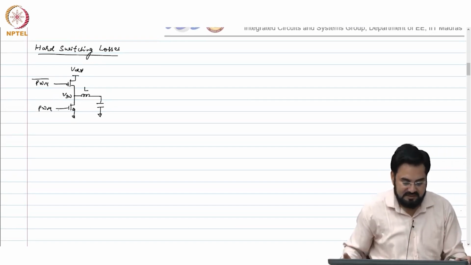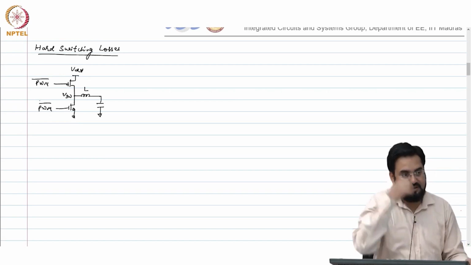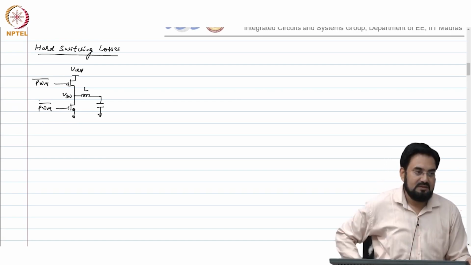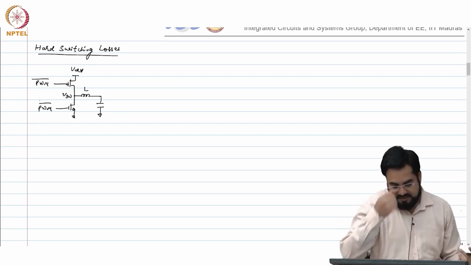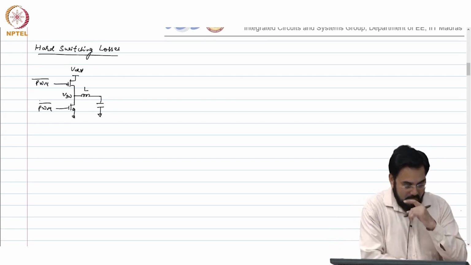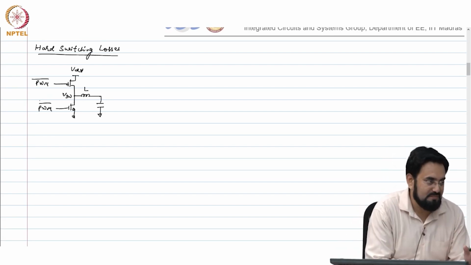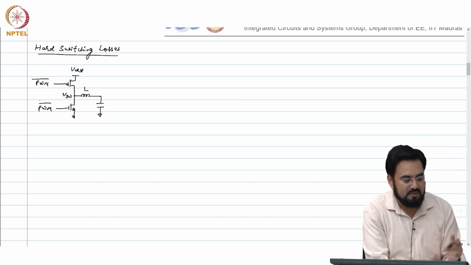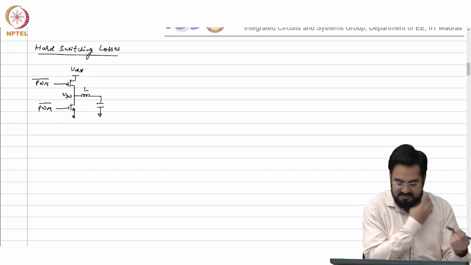So, VSW is high. It is NMOS and PMOS complementary, so both should be PWM bar, and you can assume they are non overlap. Whenever I write both, they are actually non overlapping gate signals, but just for simplicity I write the same signal.